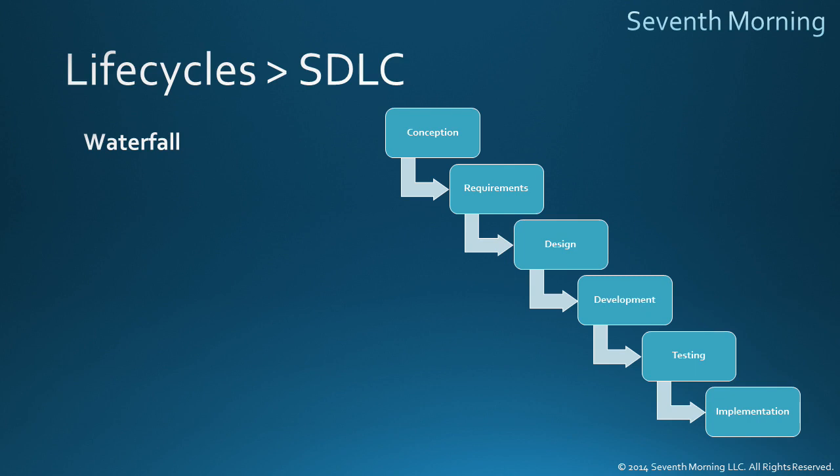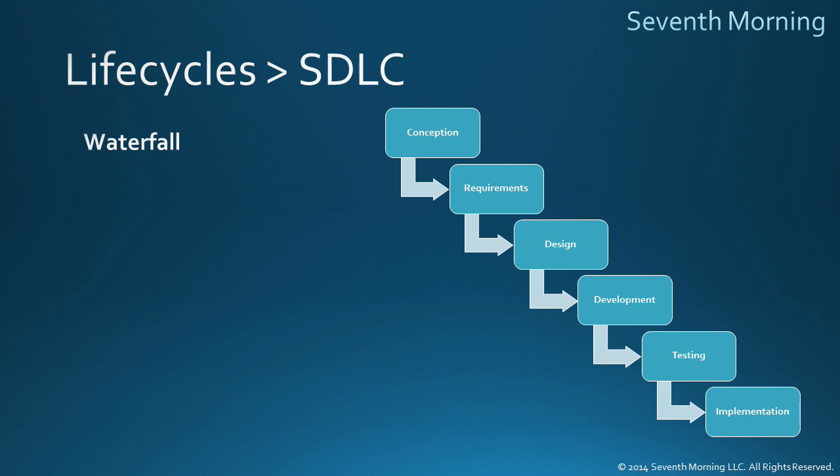Design is next, and that's where the technical design is drafted. Following that is development, where the actual coding of the system takes place. After development, we have testing, and that's where the code is tested. And finally, we have implementation, where the code is put into production, where it's operationalized for use.